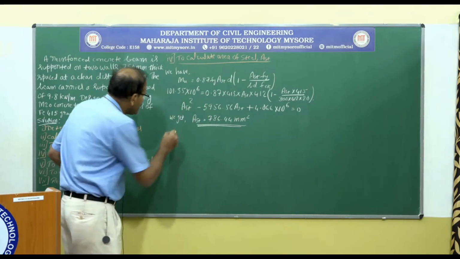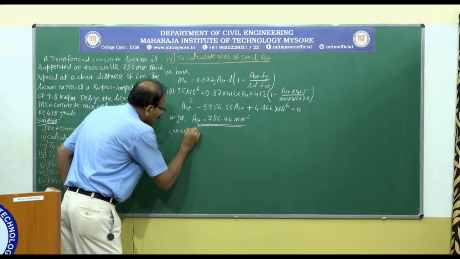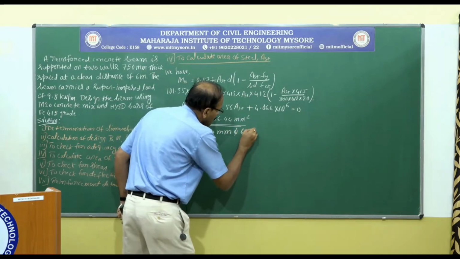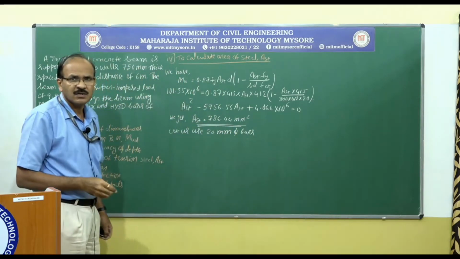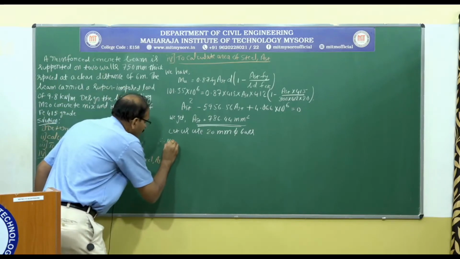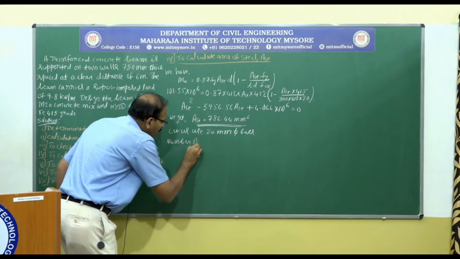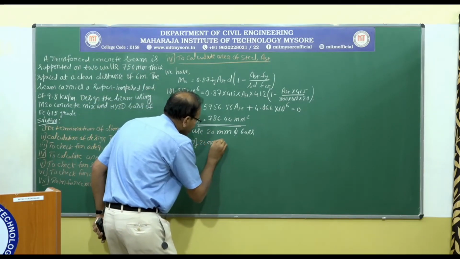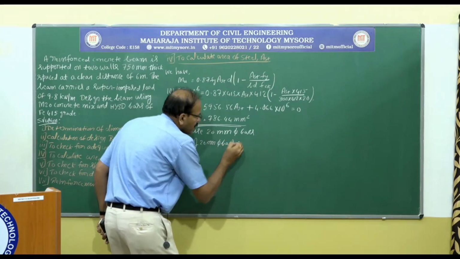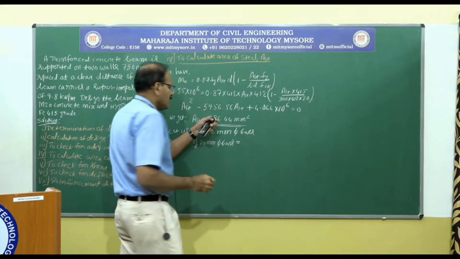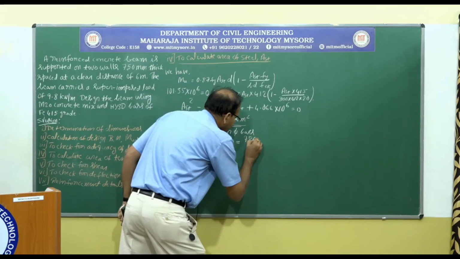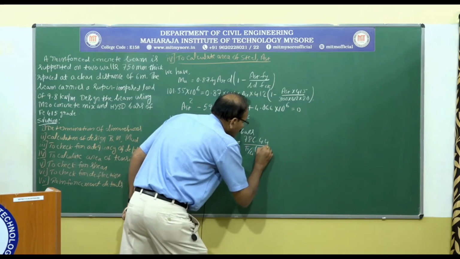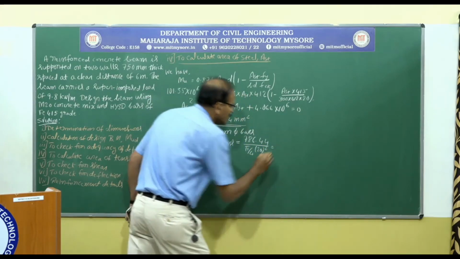Okay. So let us use 20 mm diameter bars. Therefore, number of 20 mm diameter bars equal to total area required, 786.44, divided by area of each bar, that is equal to 2.5.